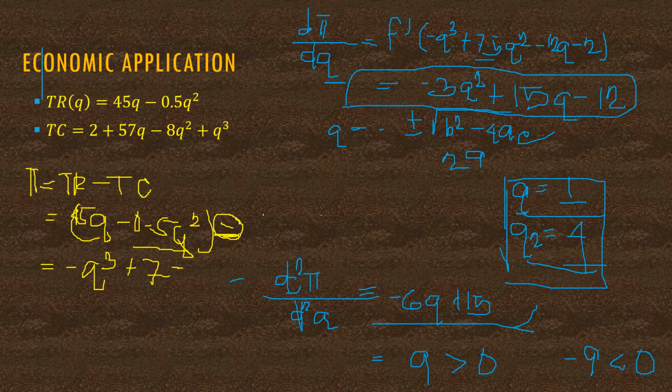Okay, if we want to know the minimum cost and the maximum cost, this is the only one we will concern ourselves with. We will no longer concern ourselves with total revenue and profit. Just take the derivatives of the total cost function and do this process, and then you will also find your maximum cost and your minimum cost itself. Okay, so that's how to determine your different kinds of maxima and minima.